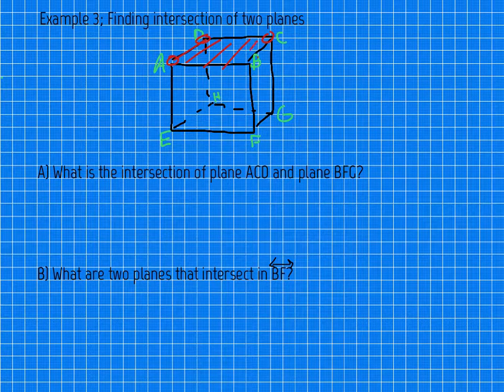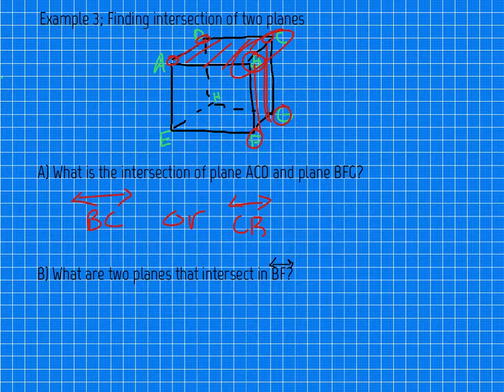BFG. So BFG, so that's this plane right here. So the two points that form the line it's intersecting are right here. So that is line BC, or you could call it line CB. It doesn't matter which one's first because it's a line.